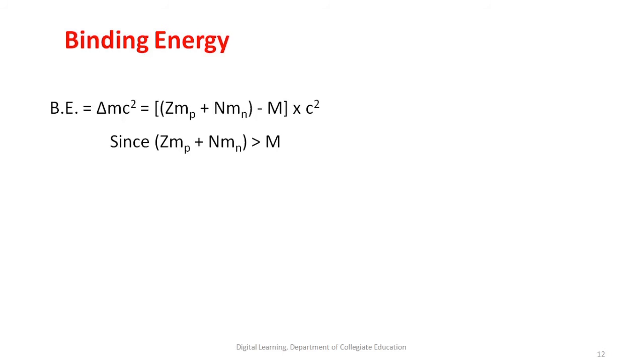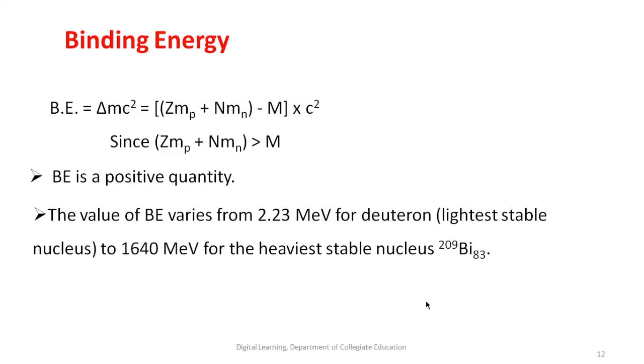Since the calculated value is always greater than the measured value, that's why binding energy is always a positive quantity. So we'll get always a positive quantity multiplied by c square. Therefore always binding energy is a positive quantity.